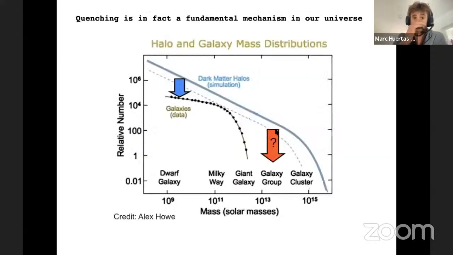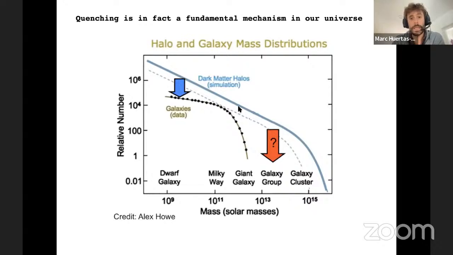And in fact, this process of quenching star formation is a fundamental mechanism in our universe, which helps explain the properties of galaxies we observe. When we study the properties in terms of stellar mass of galaxies, we see that the baryonic mass function doesn't track the dark matter halo mass function, which comes from simulations.